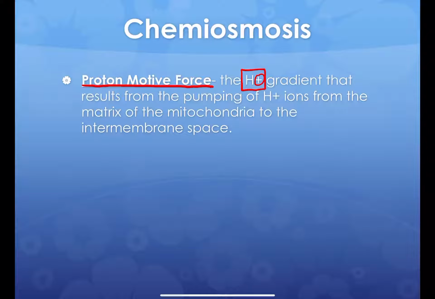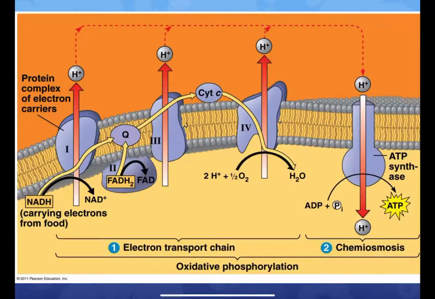Normally, a neutral hydrogen has one electron, but because it has positive charge, it means it's lost an electron, and so truly the H+ ion is just one proton. That's really all that's there. And so it's called the proton motive force. So we build this H+ gradient and use it to make ATP, okay? And that's referred to as the proton motive force.